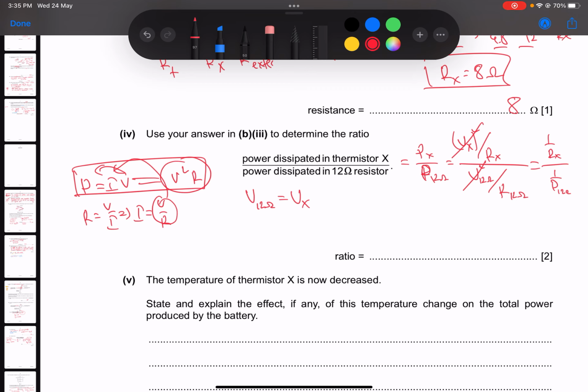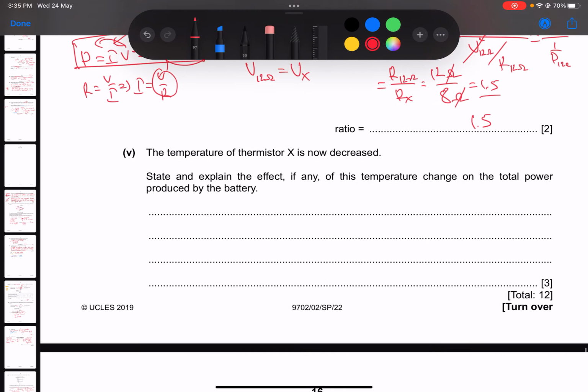You reverse it, and you will have the resistance of the 12 ohm resistor over the resistance of x. All things we know: 12 ohm and 8 ohm, so it's going to be 1.5. Does the ratio have a unit? No, it's a ratio, same units, cancelled. Yes, exactly. Cool.